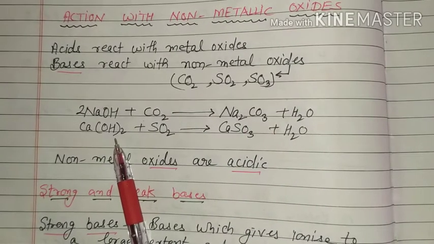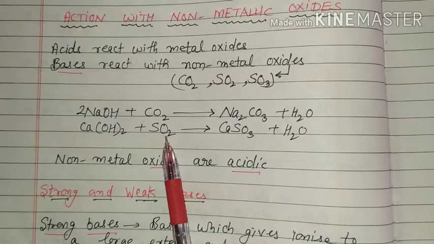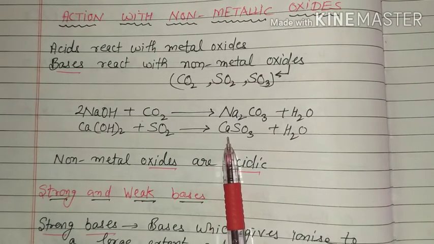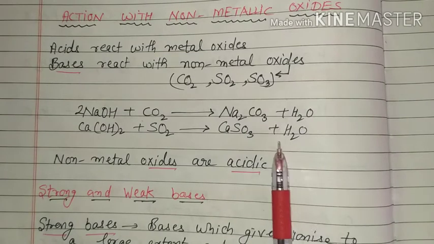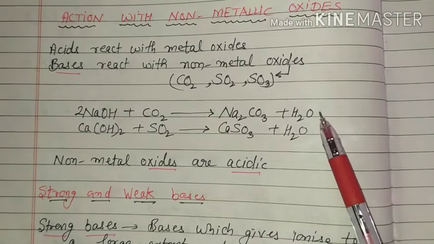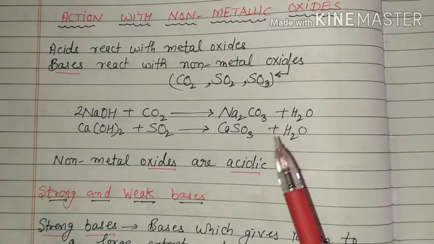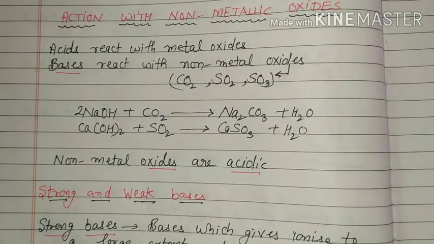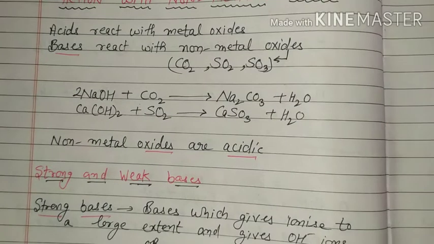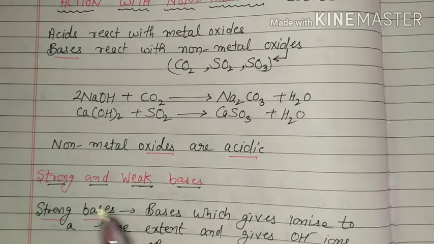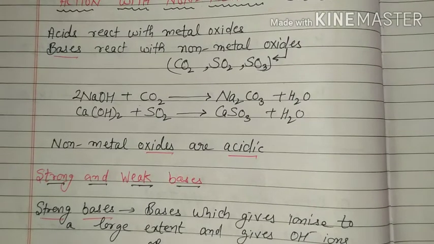Calcium hydroxide, the base, plus sulfur dioxide, a non-metal oxide, gives calcium sulfite plus water. That is the common feature when non-metal oxides react with a base. We know that non-metal oxides are acidic but metal oxides are basic, as I told you in the previous lecture.